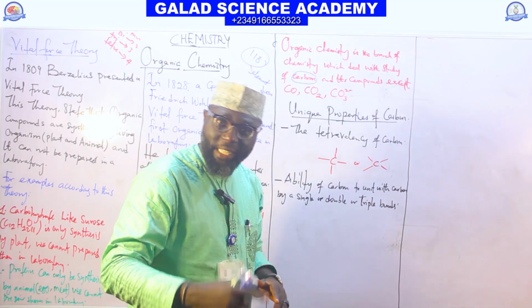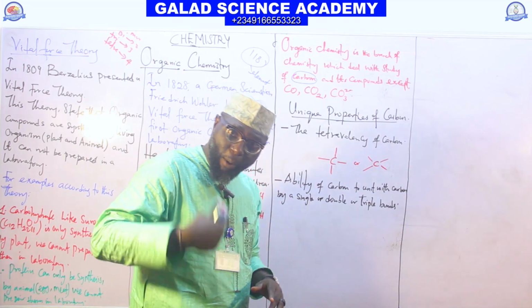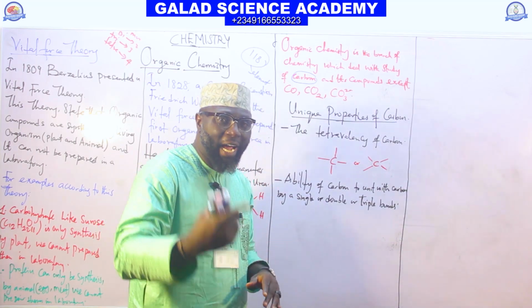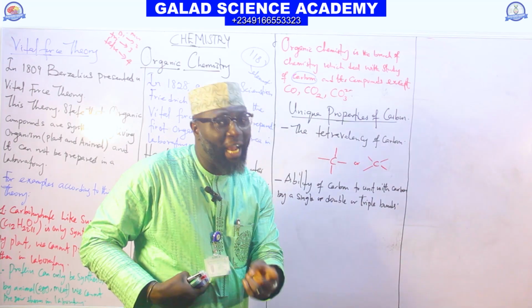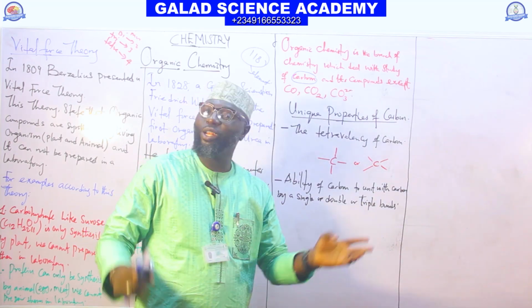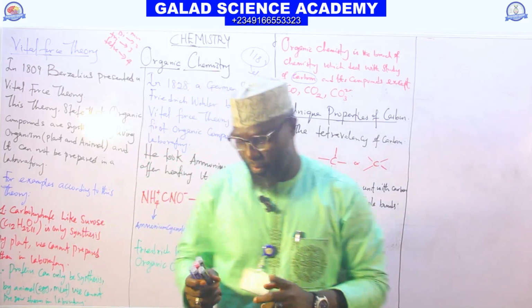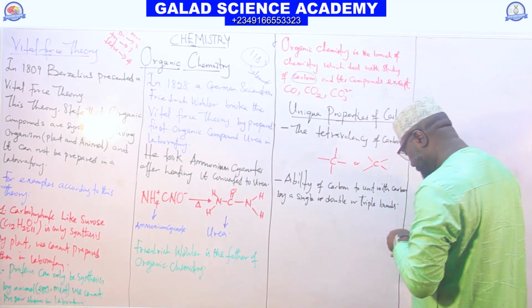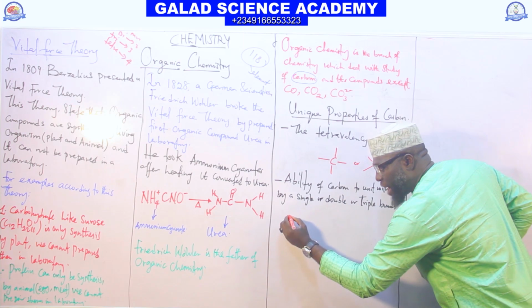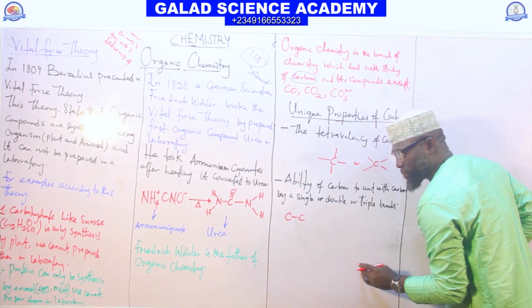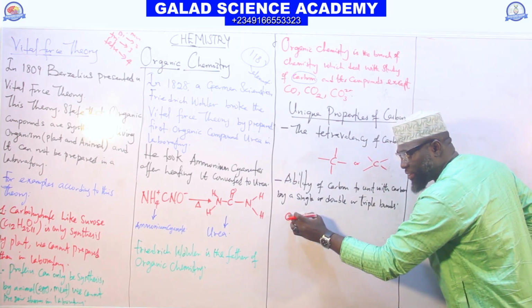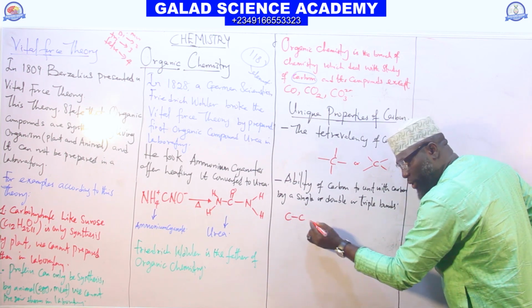Carbon with carbon can form a single bond, a double bond, or a triple bond. Other elements cannot. Here we have a carbon with carbon: a single bond.